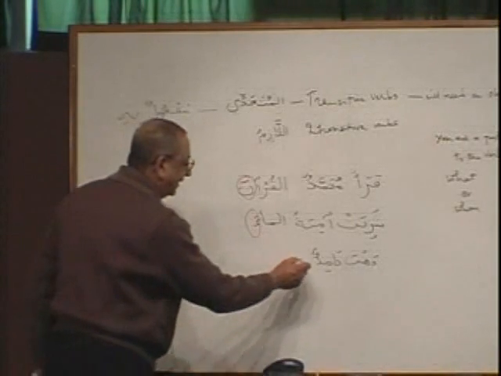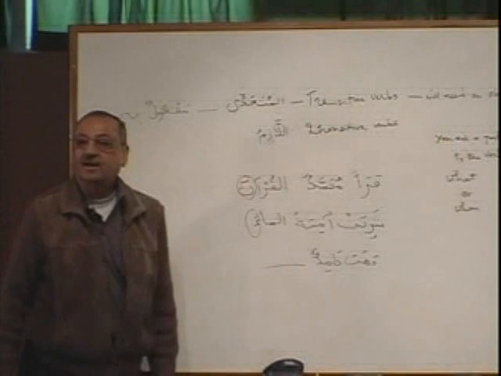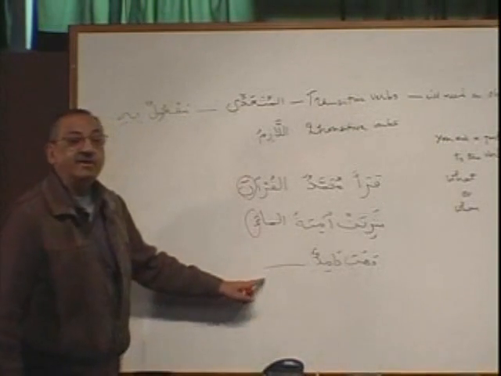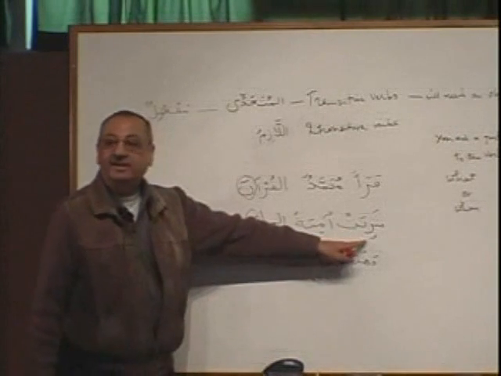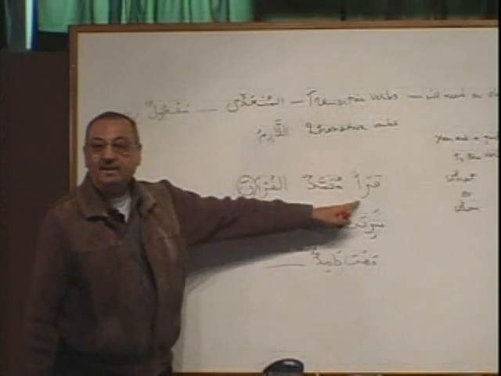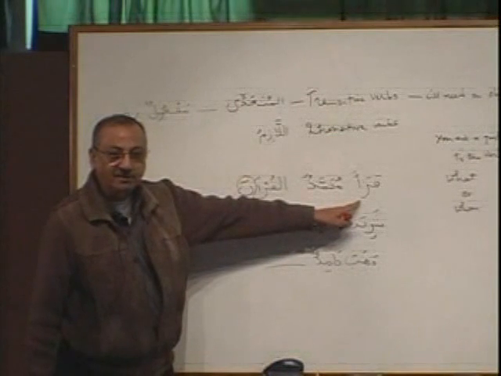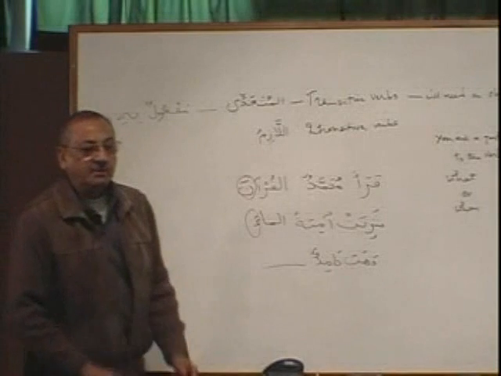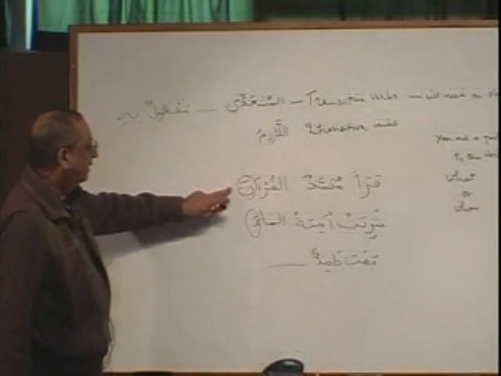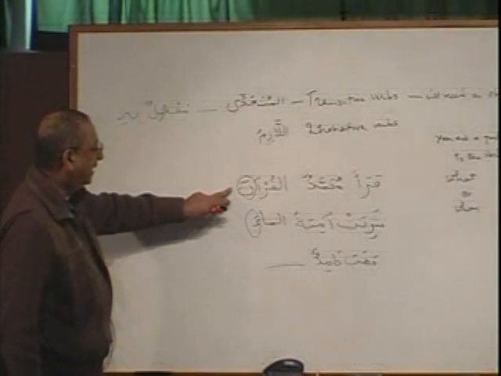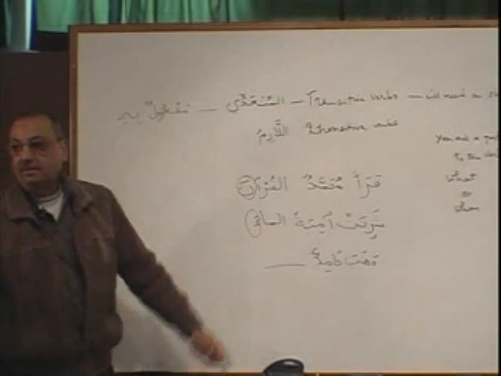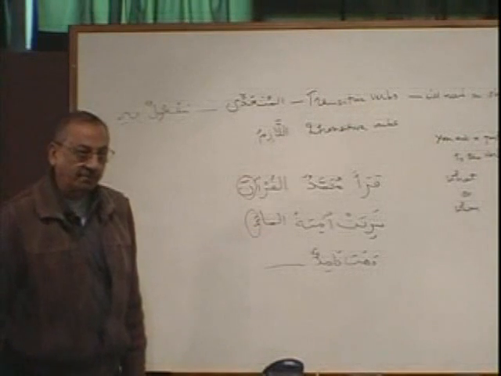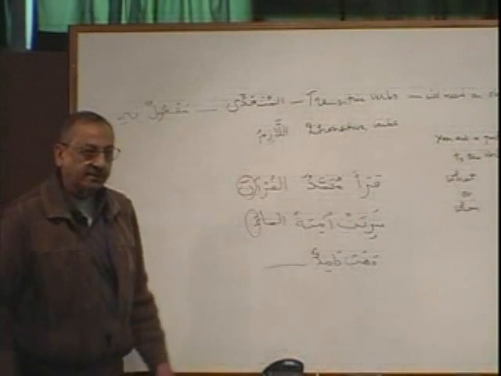So it means this is fi'l lazim, in English, intransitive. And shariba is transitive. Qara'a is transitive. Do you understand? Transitive. Okay. Now, here, Qur'an and al-ma'a are maf'ulun bihi. Sahi? It is maf'ulun bihi.